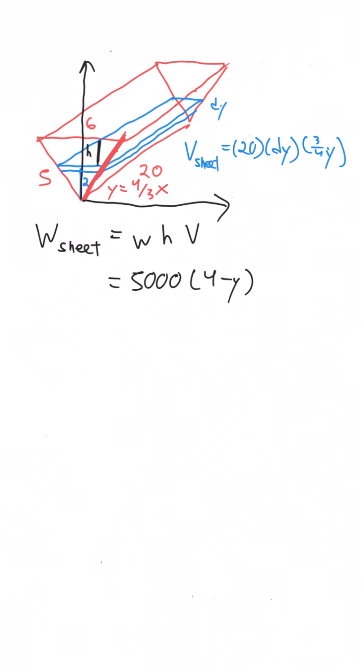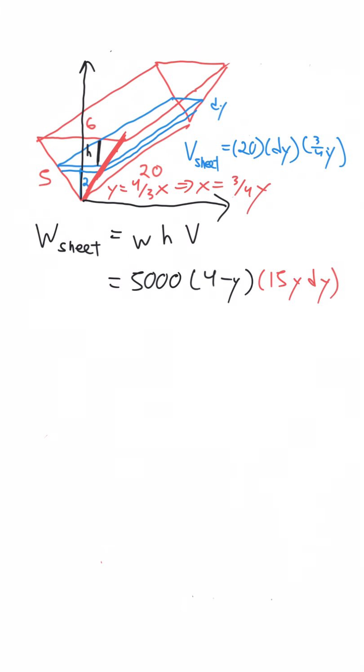It's got a height of 4. You're going over 3, so this is just rise over run. And then you want to convert that into x equals 3/4 y, because we're in y dy. Okay, so what's 20 times 3/4? That's like 5 times 3, which is 15. So you're talking about 15y dy.